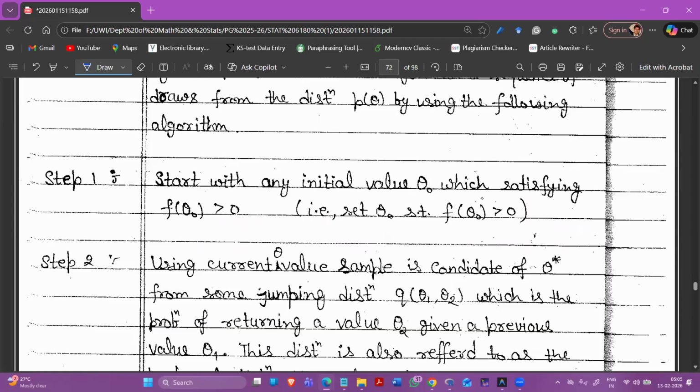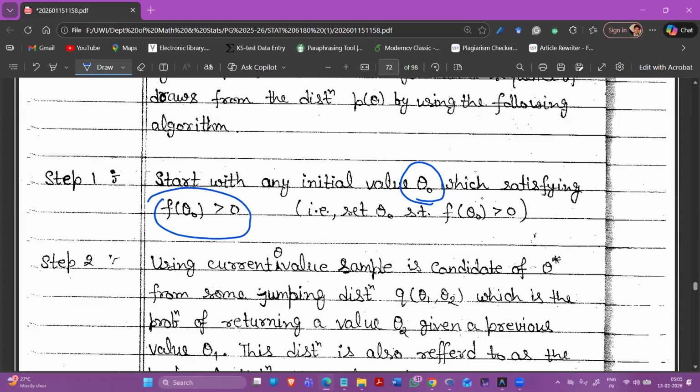What you need to do here is start with an initial guess value theta naught. If you want to generate values from f(theta), you need to start from some initial value theta naught that should satisfy this condition: f(theta naught) should be greater than 0.